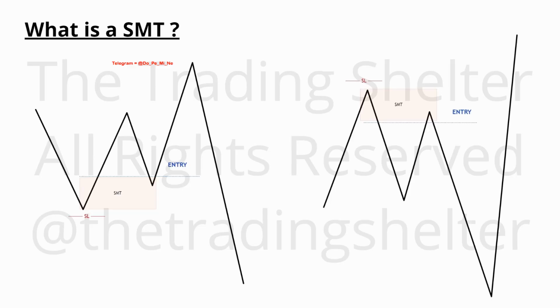Because he waits for a new low or a new high to be done to enter based on a support or resistance. So I think it's important to understand that I will not go over support and resistance strategy, but I will put support and resistance in the next slide.